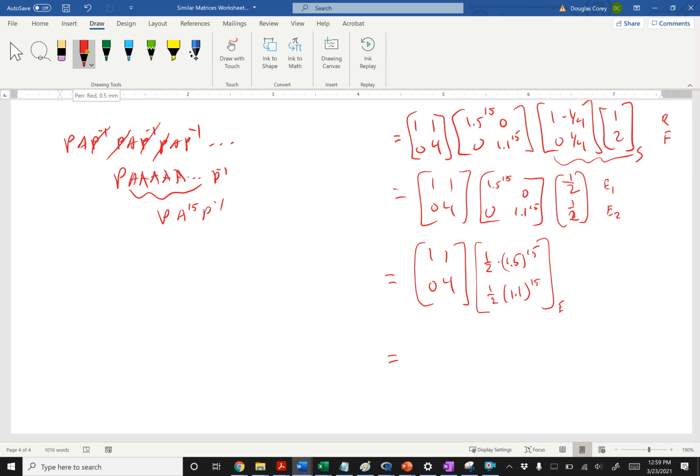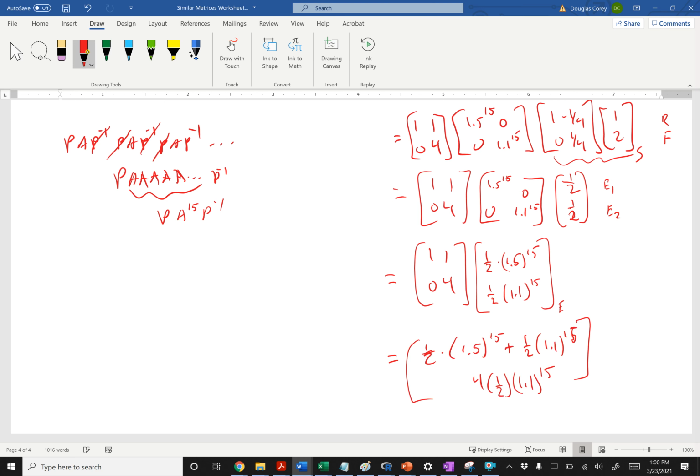So I end up with the first one, 1/2 times 1.5 to the 15th, and then the second one does change. So that's the 1 times that plus 1 of the foxes, 1/2 times 1.1 to the 15th, and then I get 4 of the denominator, 4 1/2s, 1.1s to the 15th.